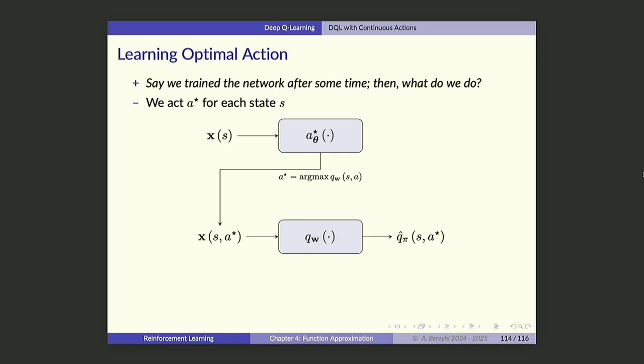Obvious? So this network is doing deterministic. It looks at your state, and it tells you what is the action which is giving you the maximum value. If it's right, then it's the deterministic optimal policy. If it's not right and it's making a mistake, it's just a deterministic policy, right? Everybody's clear? So you have this policy network here. It looks at your state and gives you the action. You have a value network here. It looks into your state and action, and then it gives you the value.